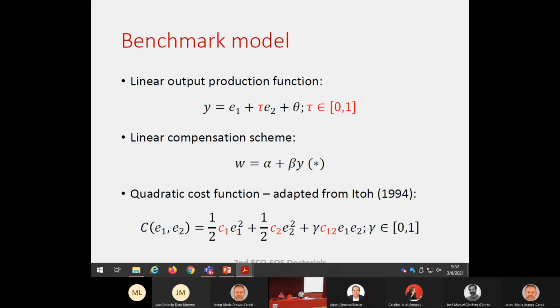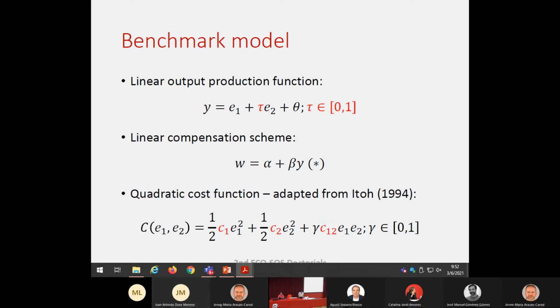A linear output production function, we just add this theta parameter since it's a multitask model, that there are two tasks, we account that the second task might be less productive, has a lesser contribution to output than the first one, okay? Then there is a linear compensation scheme that depends on a fixed part and a variable part depending on output or on an imperfect measure of output.